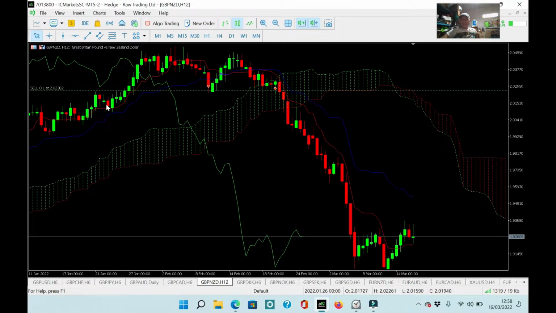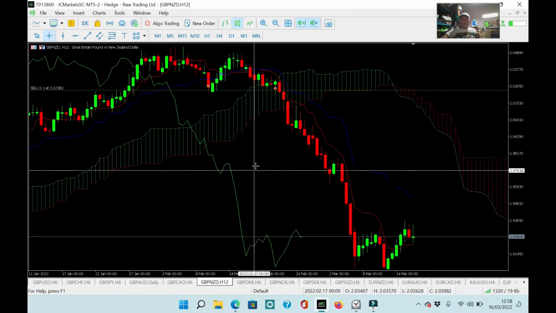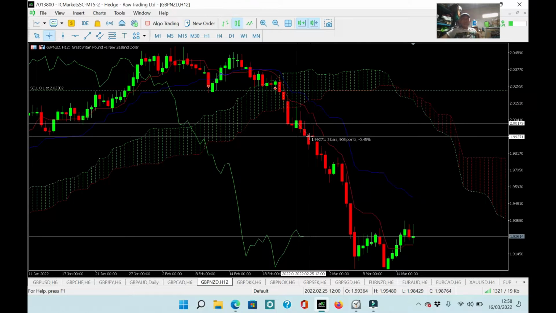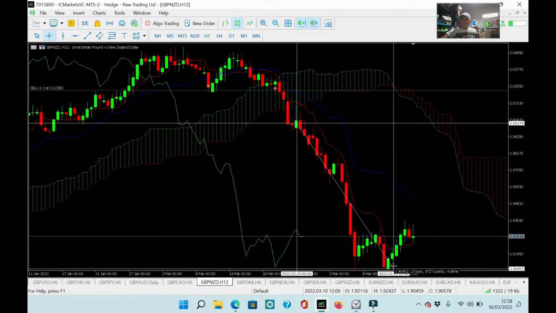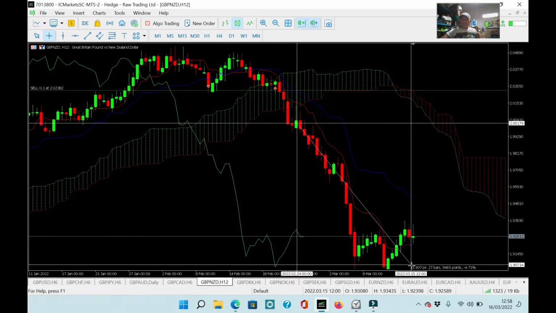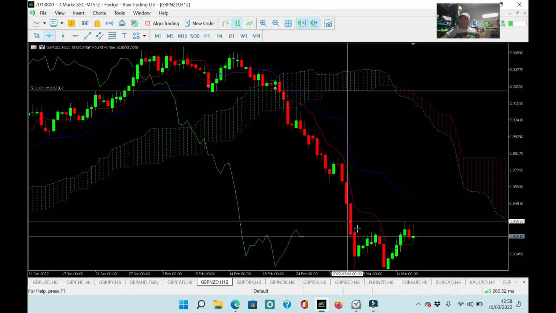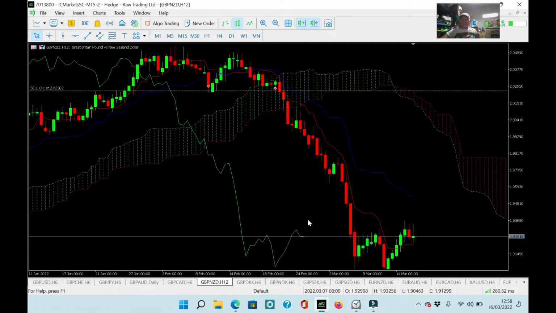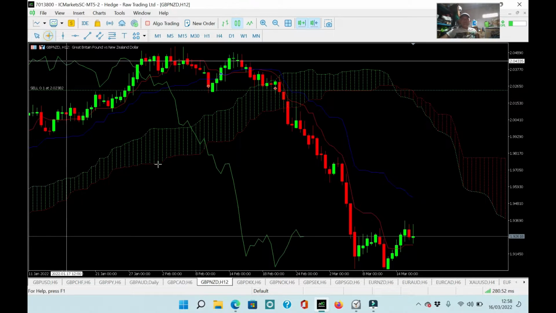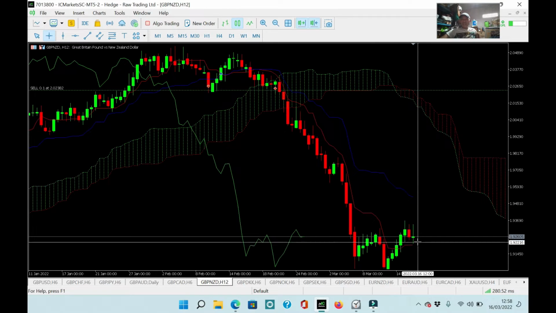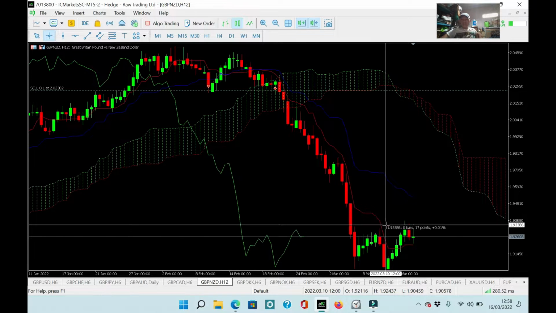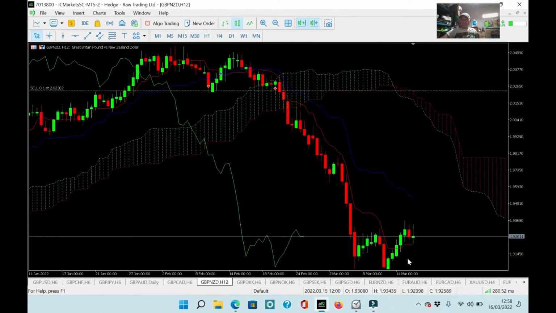On the 12-hour time frame, the price already moved nearly 500 pips. It seems from the chart that the price has already settled here. In this square, the price is sideways.